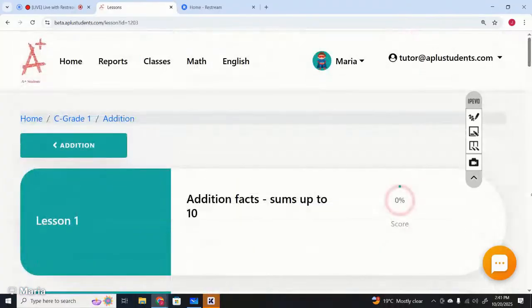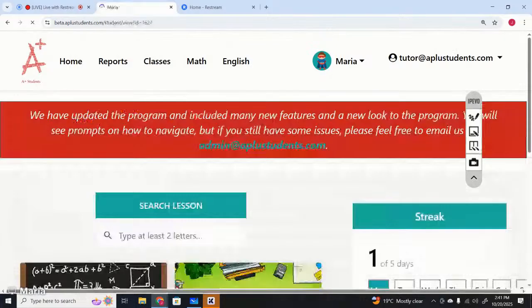So please make sure, before the next session, to read all the practice questions for the lessons we just did. That is your homework until the next session.